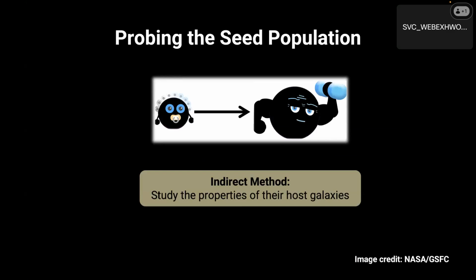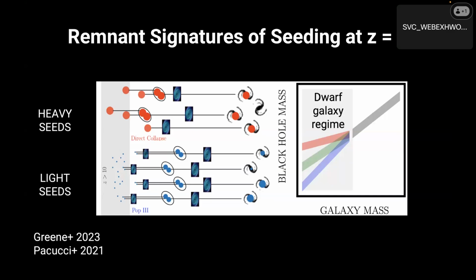One possibility is indirect methods, in particular studying the combined properties of the central black hole and the host galaxies. In the dwarf galaxy regime, typically 10 to the 9 solar masses or less, these are very important because they keep remnant signatures of the seeding that happened at much earlier epochs.